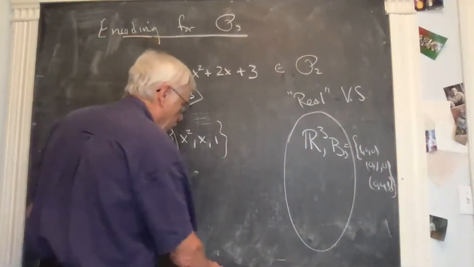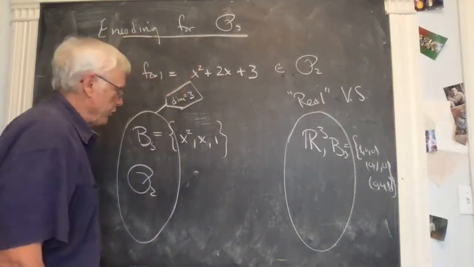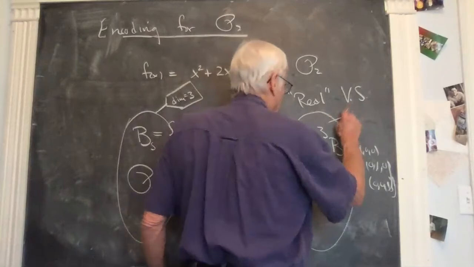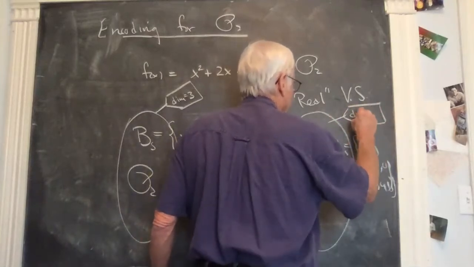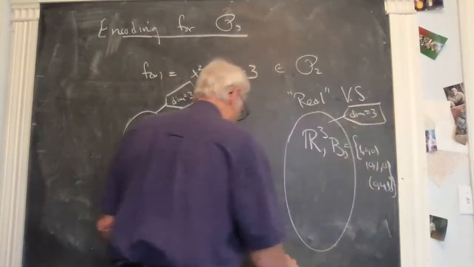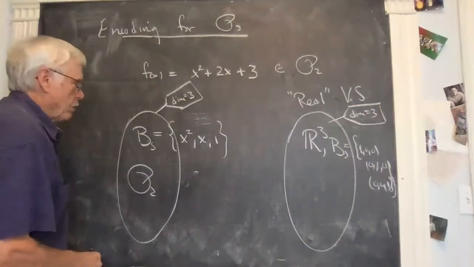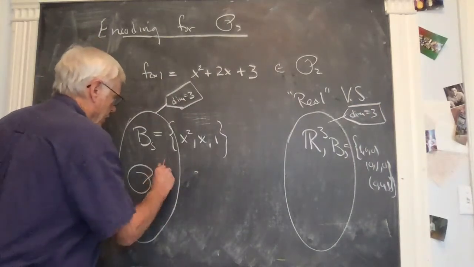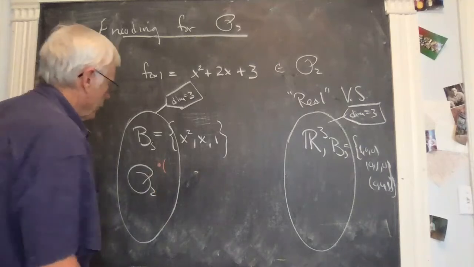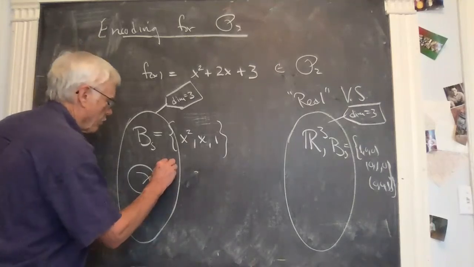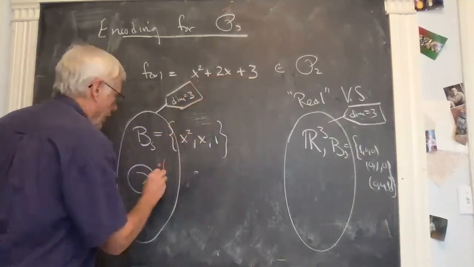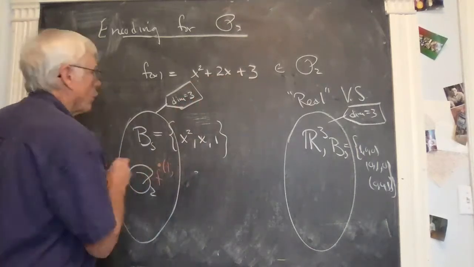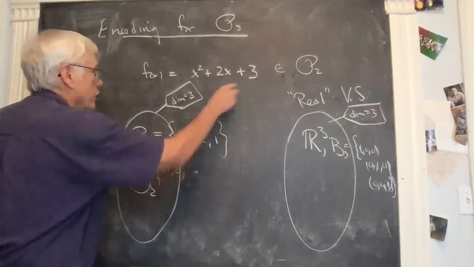This is not a change of basis because we have different spaces here. This is also, by the way, dim equals 3. But I'm going to encode this in the following way. If somebody here is of the form, and that's why I used F here, we're going to encode Quill's function as 1 x squared, 2 x's, and 3.